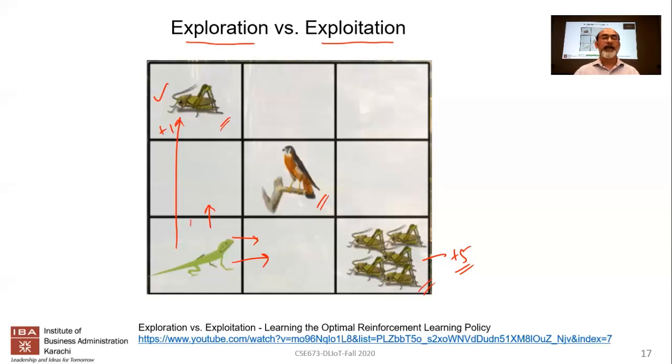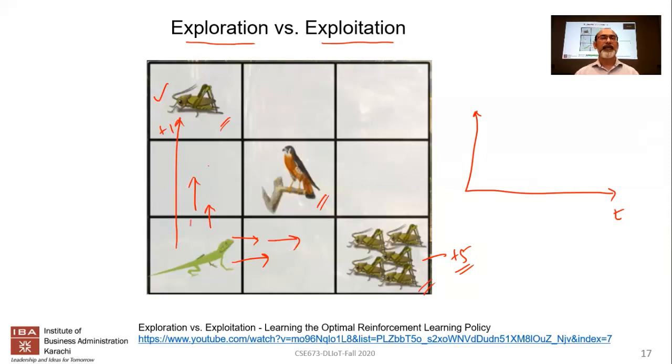So the first question is, when you initially start off your game, let's say you're going in time, this is time. Initially, you don't know the world at all. You have no idea what rewards you're going to get in this direction versus in this direction.